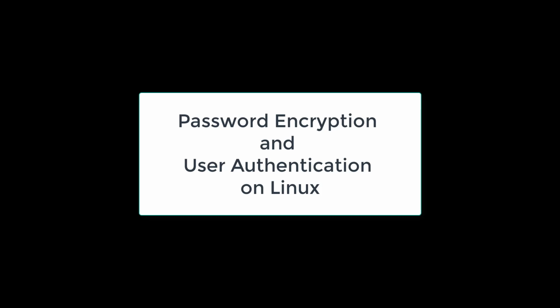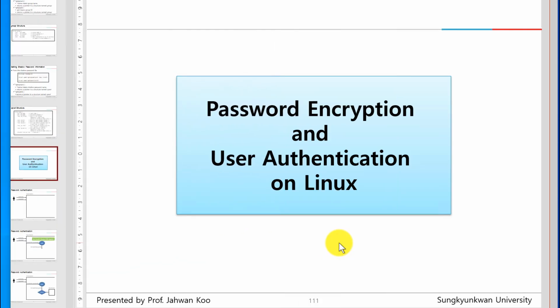In the previous lecture, we have learned how to get user and group information using the related library functions. Also, we have learned the encrypted password is stored in the shadow password file. Linux systems require user authentication, which typically takes the form of a username and password.